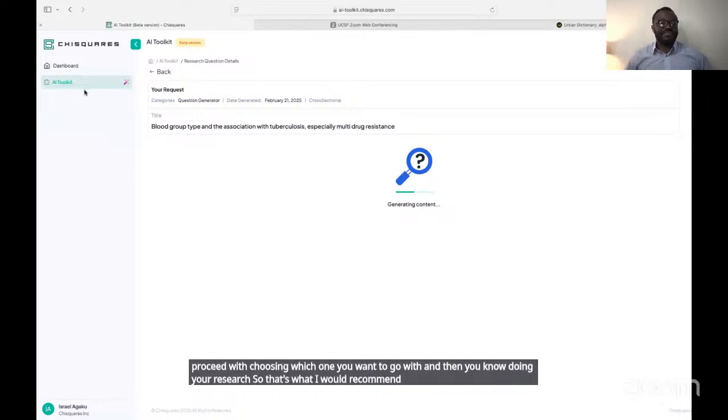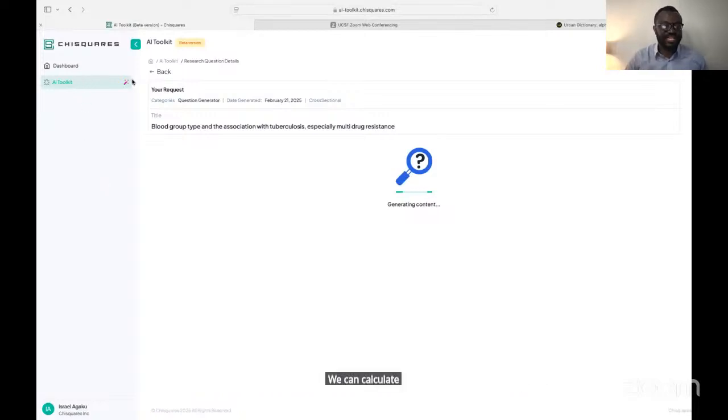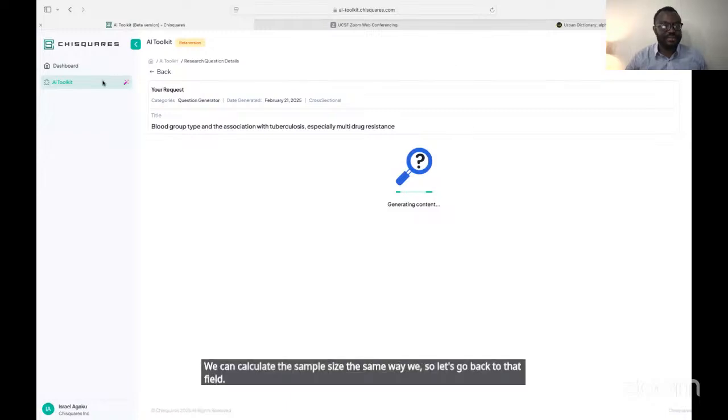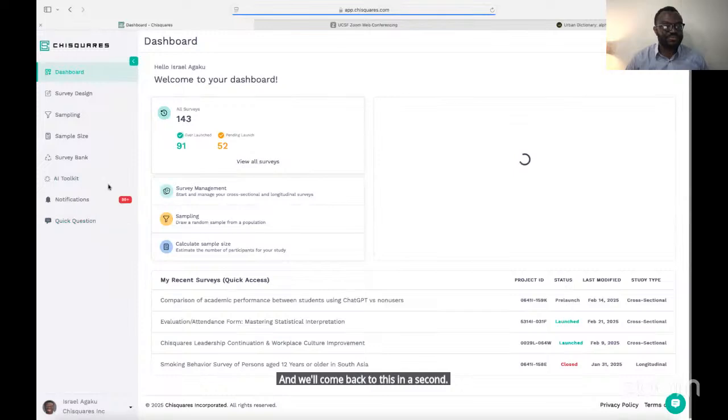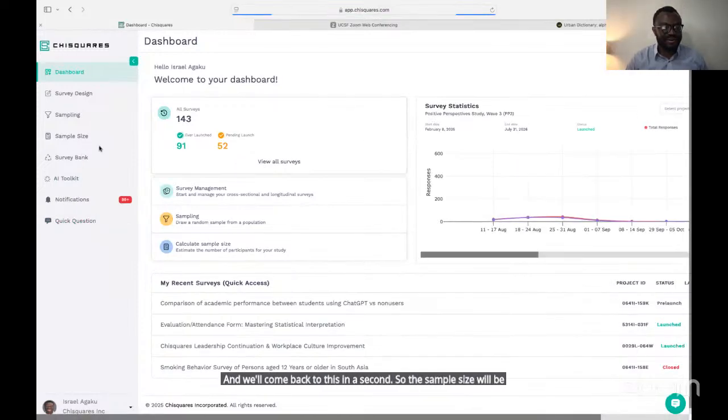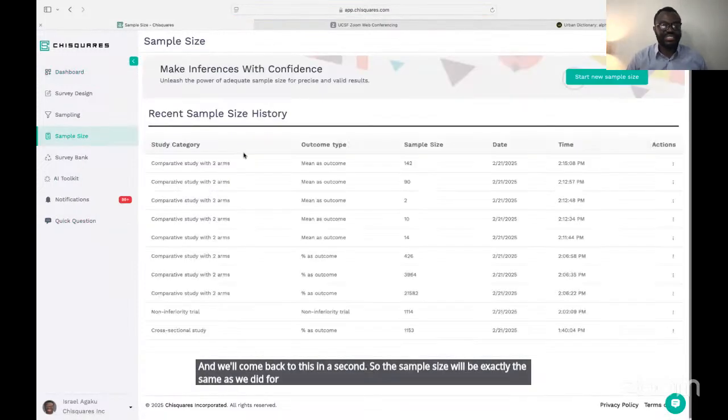Now, the sample size calculation is also related. We can calculate the sample size the same way, so let's go back to that field. The sample size will be exactly the same as we did for this, right? You choose the sample size and determine it accordingly, based on whether we want our study to be descriptive or analytical.